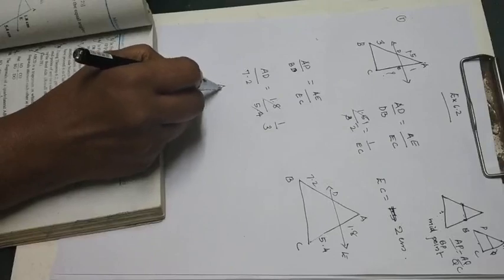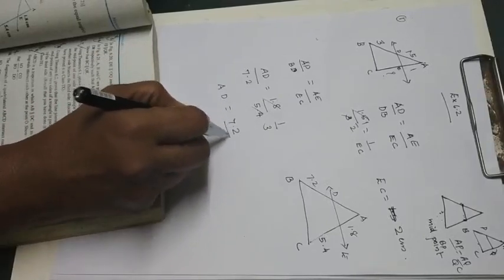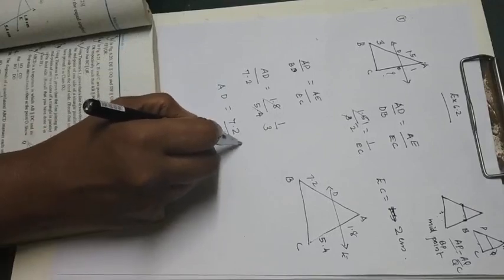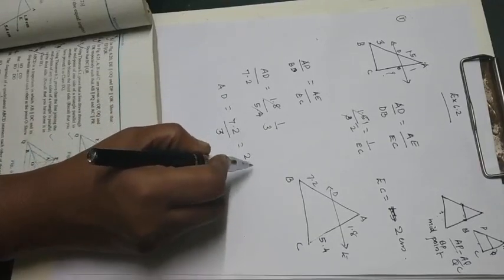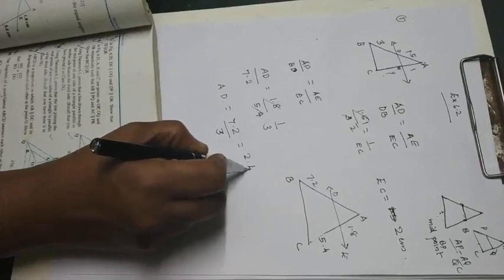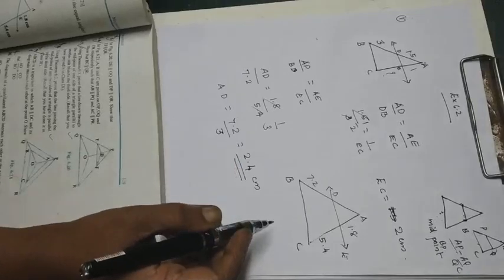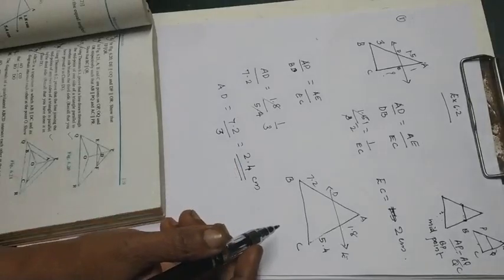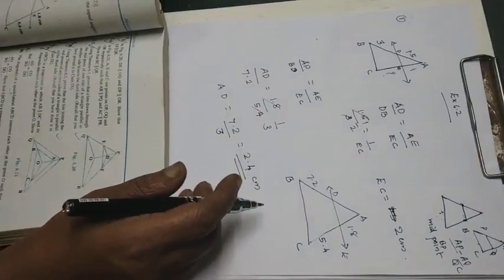So AD will be equal to 7.2 by 3. So it will be 2.4. So 2.4 centimeter. Now the next problems are not included.